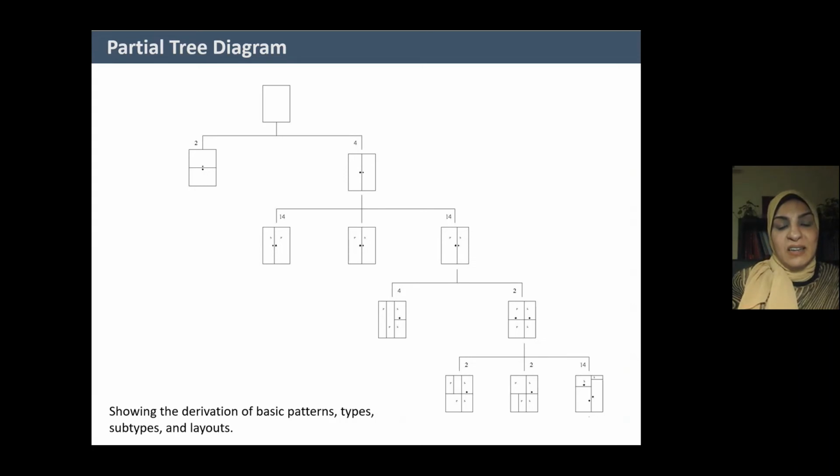From the illustrated grammatical rules, we can design a tree diagram. This part of it shows the variety of designs that can be generated from derivating the rules.